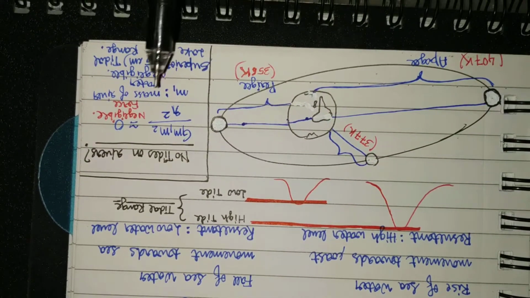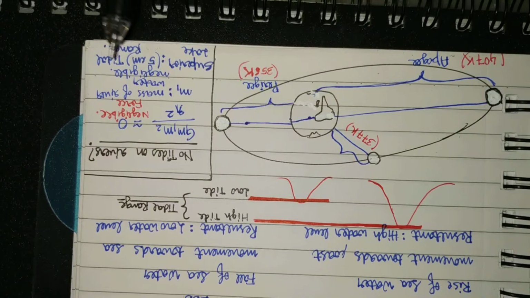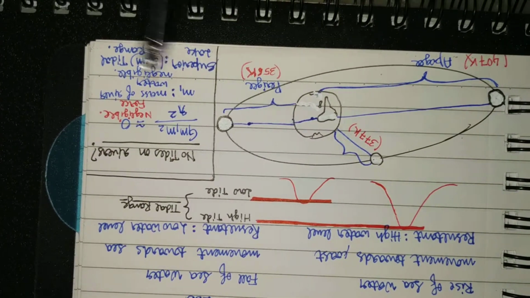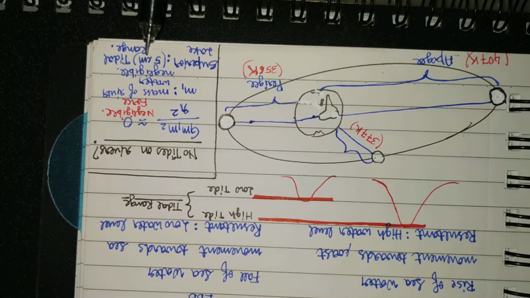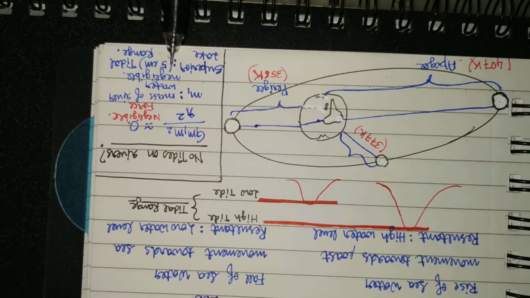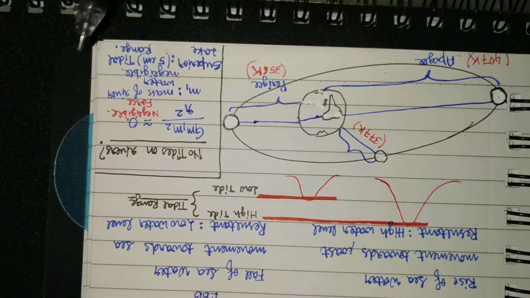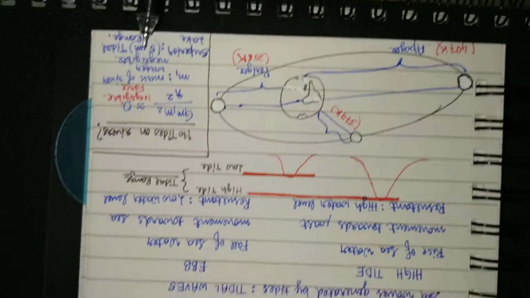But when the scale is very high, for example Lake Superior, still we find a small tidal range of 5 centimeters, and in Bay of Fundy it's around 12 meters, so 1200 centimeters in Bay of Fundy, 5 centimeters in Lake Superior. So that's all.